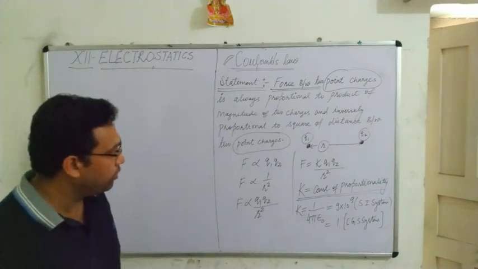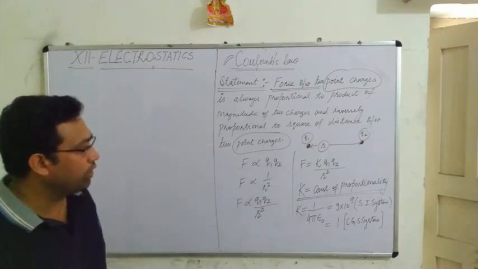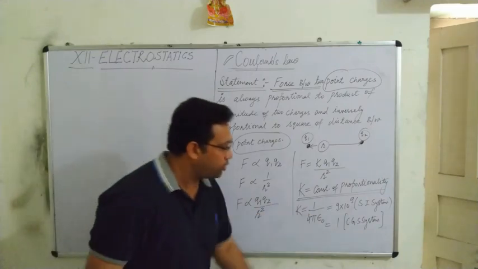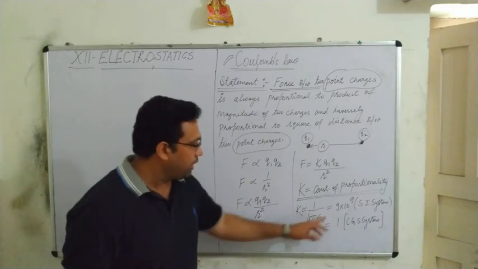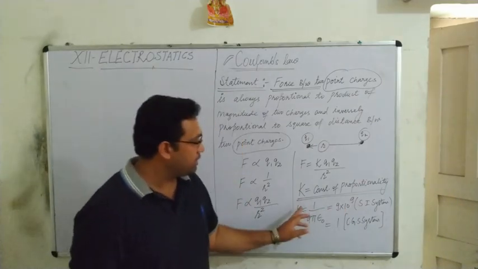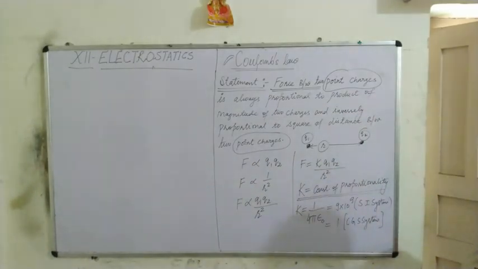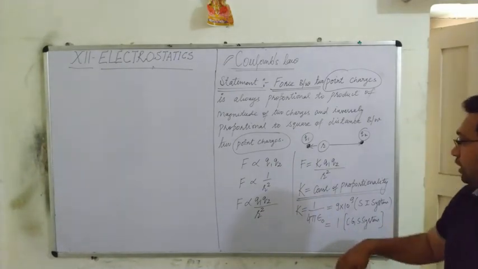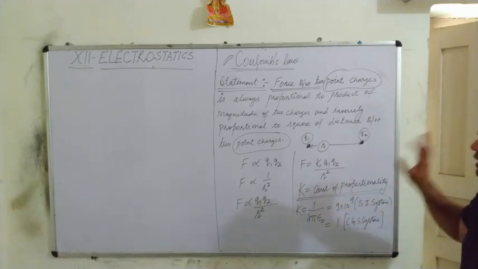It means the magnitude of force between two charges is given by K Q1 Q2 upon r square. K is the constant of proportionality. Now K equal to 1 upon 4 pi epsilon naught, and it is equal to 9 into 10 power 9 in SI system, and its value is 1 in CGS system.